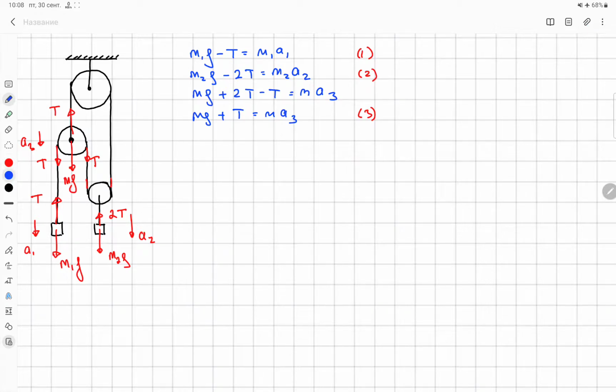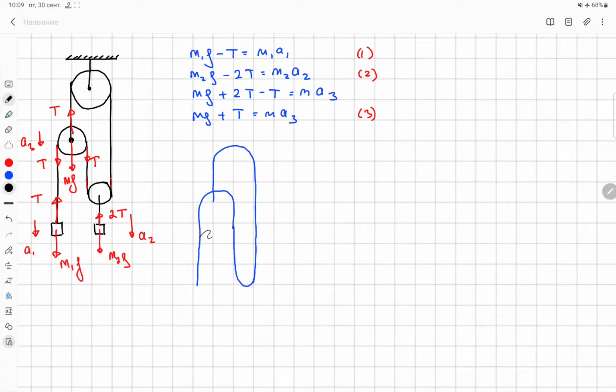Now let's draw the position of the string at the beginning and after some time. Let me draw it in this way. So this is the initial position of the rope.